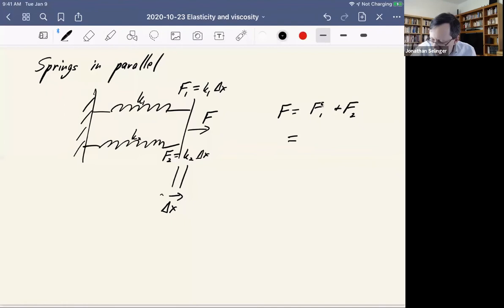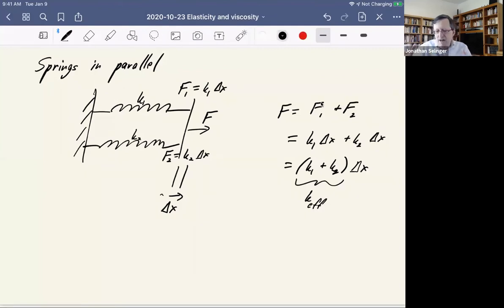And so that's K1 delta x plus K2 delta x. So it's the combination of K1 plus K2 times delta x. Right? So this makes an effective spring constant for the pair of springs in parallel. Okay? So you could say that for springs in parallel, the spring constants add up.